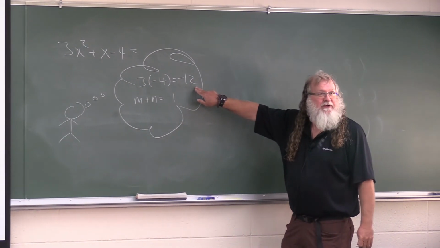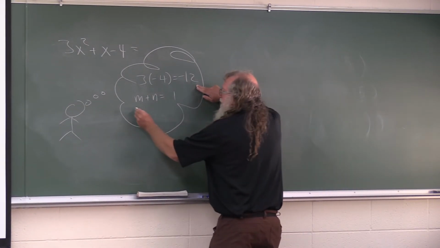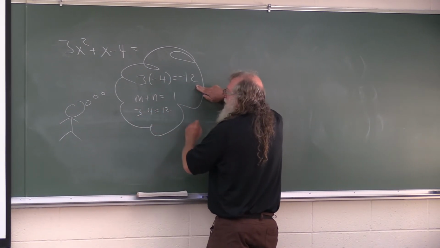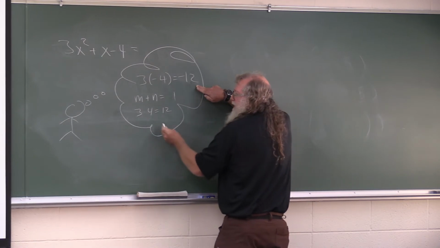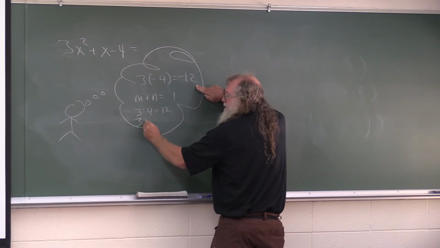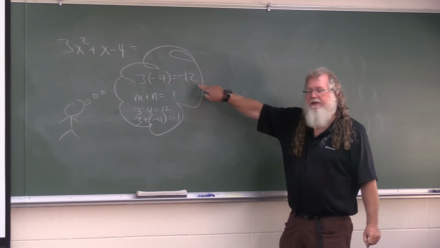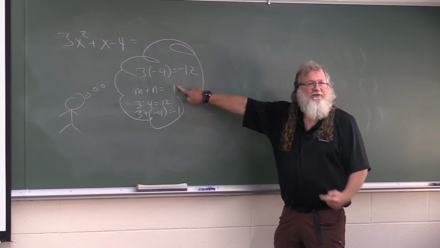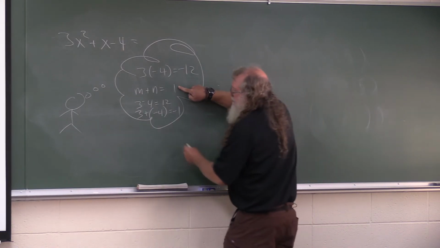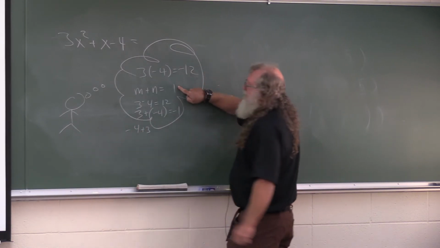Well, I know 3 times 4 is 12. One of them is going to have to be negative. If I made that negative, I'd have 3 plus a negative 4, which would be negative 1. And what do I want it to be? Positive 1. So what do I got to do? Switch the signs. It's going to be minus 4 and 3.